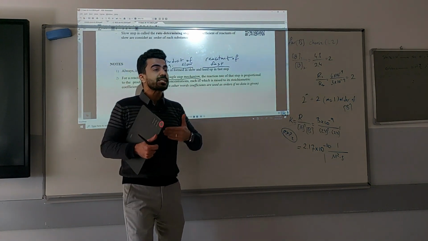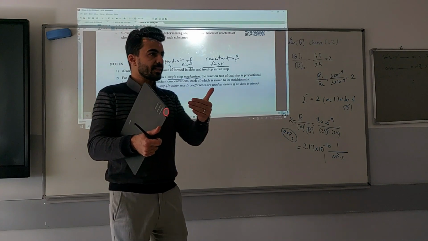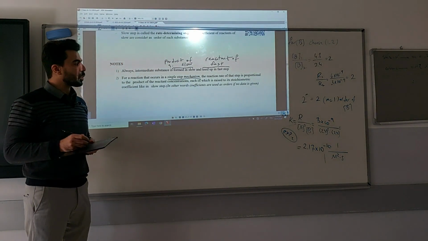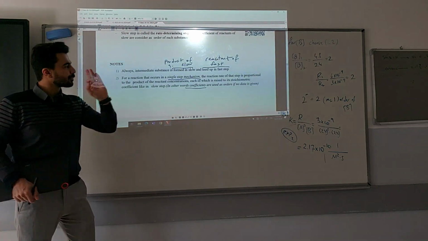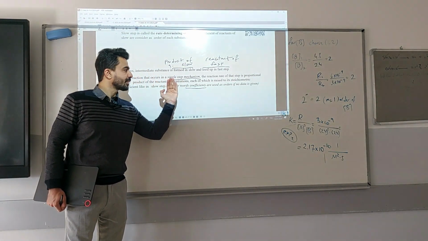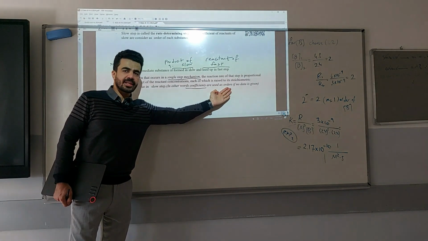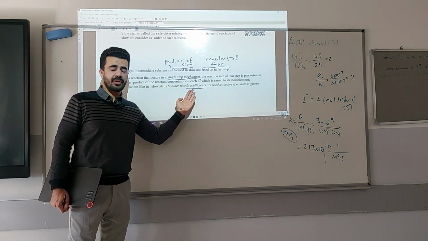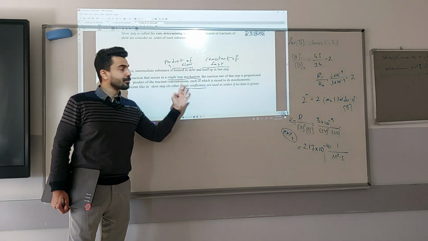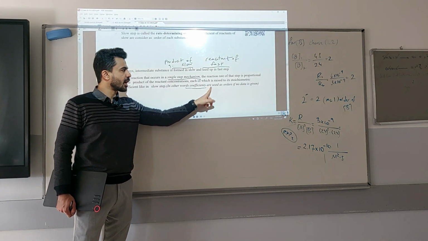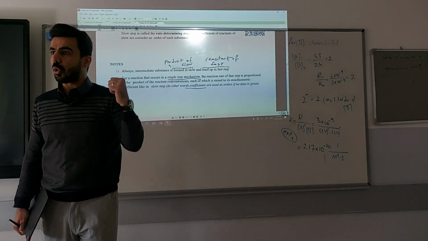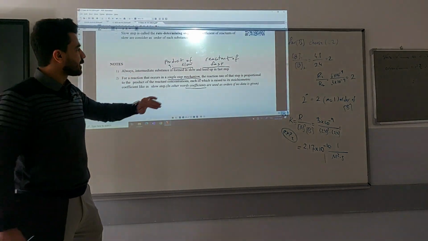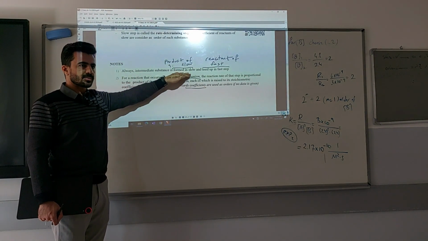So in that case, what are you going to use? The coefficients. So here's the point. If we have a one-step mechanism and no data is given, you have to use the coefficients as orders. We're going to solve a couple of questions for that note also. But before that, let's focus on this part.